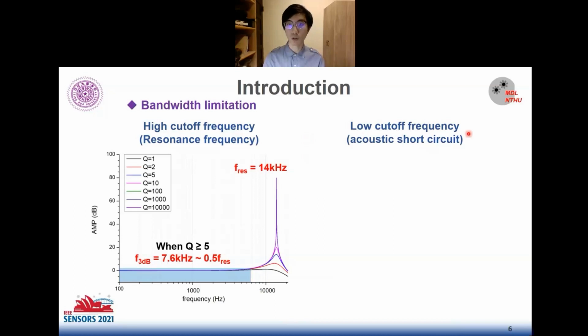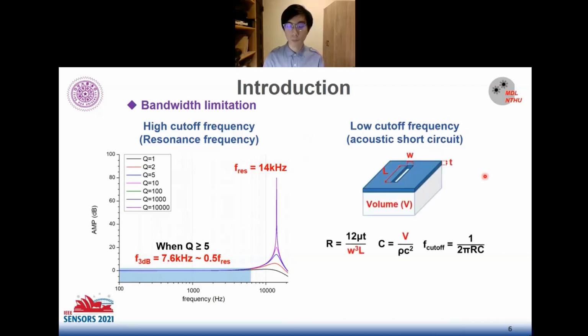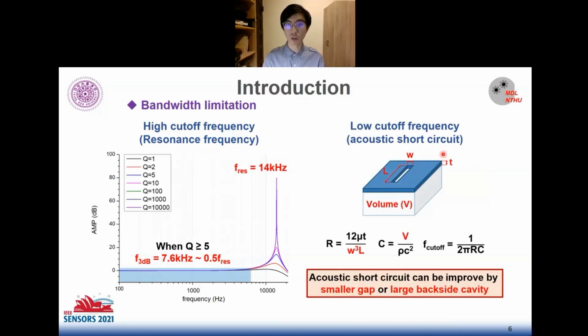And the low cutoff frequency is usually constrained by the acoustic short circuit effect. In order to improve acoustic short circuit effect, we need to get smaller gap or larger backside cavity.